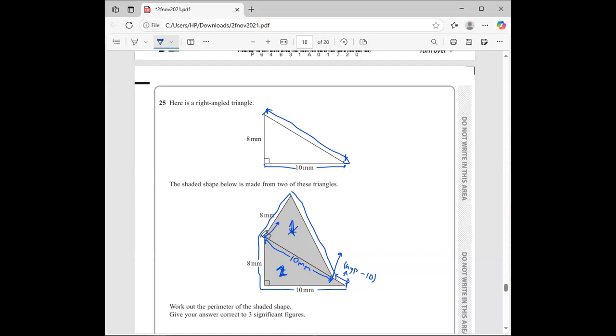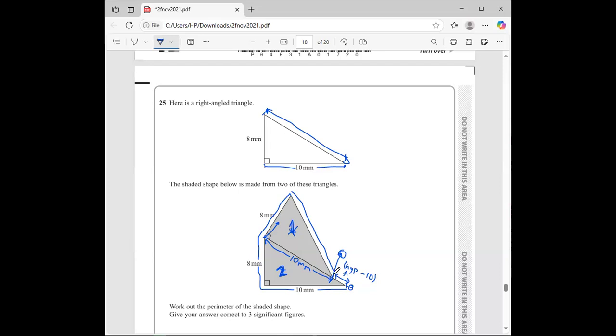Now for triangle 2, I don't know how I'm going to differentiate it, but you understand what I'm trying to say. The hypotenuse for triangle 2 goes beyond this place, all the way to this place. Did you get that? Yes.